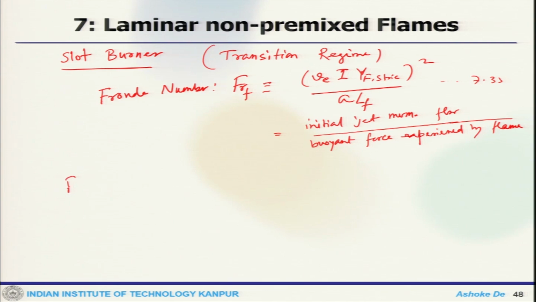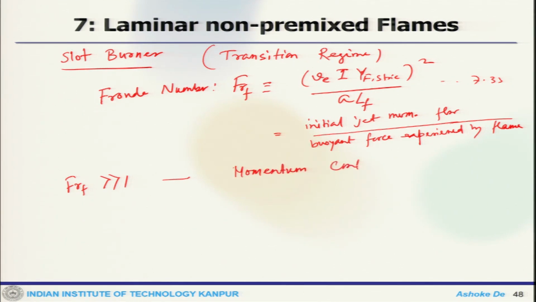So there could be a situation where this is very much higher than 1. This is a special case. If it is much higher than 1, that means the buoyant force effect is less, so it is more or less the jet momentum. So this becomes a momentum control situation.